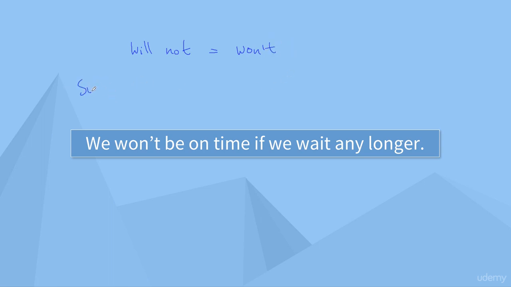So here, subject, won't, verb 1, be. Won't is very clear. And the subject, of course, is we. We won't be on time if we wait any longer.